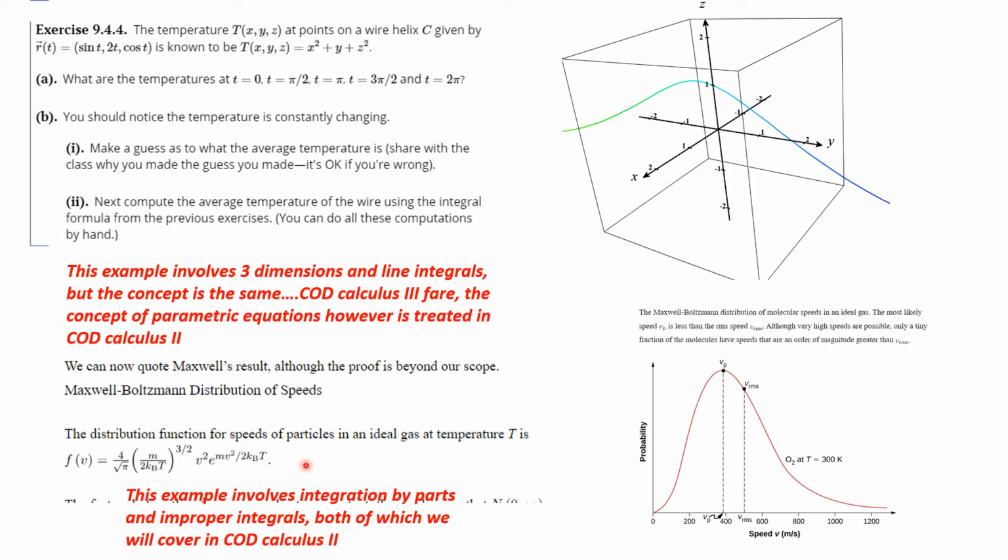In fact, I have asked this question on the final exam testing both integration by parts and improper integrals. So this is a second example of being interested in the average value of some function. In this case, it's the average value of velocity. In the previous case, it's the average value of a temperature.